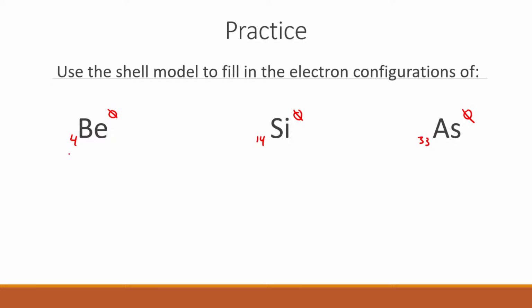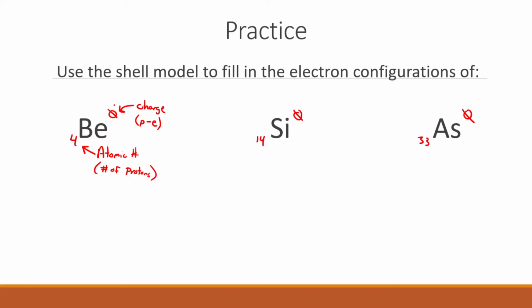The number in the bottom left-hand corner, which is the atomic number, the number of protons, and then up here the charge, which is the number of protons minus electrons. So this combination of numbers will let you know how many electrons you have.